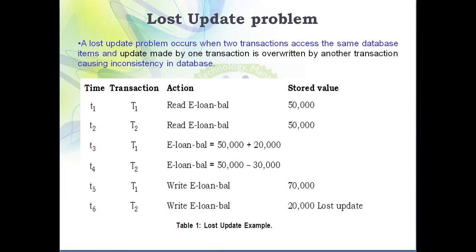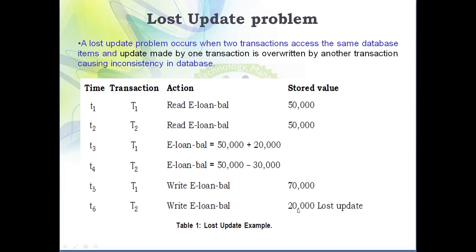So in this case the lost update problem occurs. Here the lost update is of 20,000. Actually we need the value to be 40,000, but as T2 is not reading the update made by T1, we see the value of 20,000.